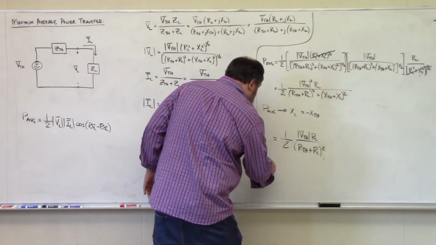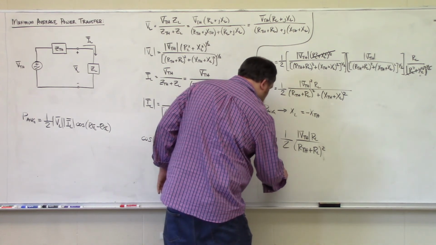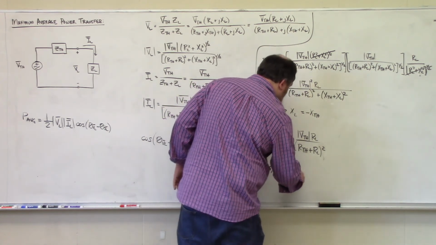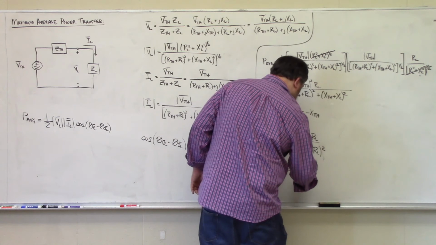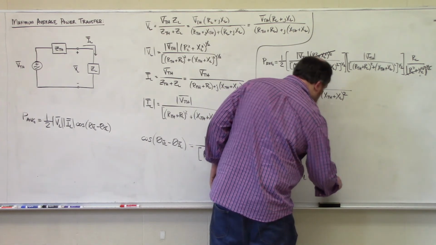So P average maximum depends on RL being exactly equal to RTH.